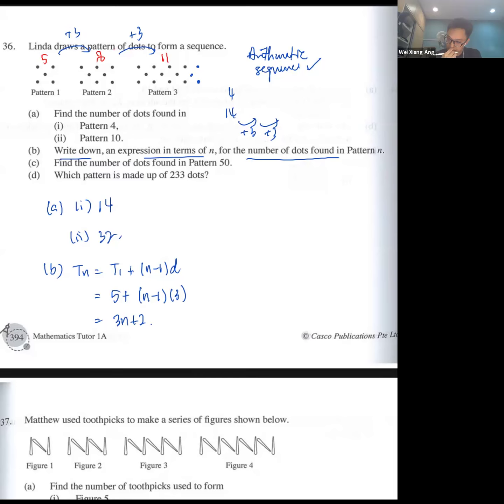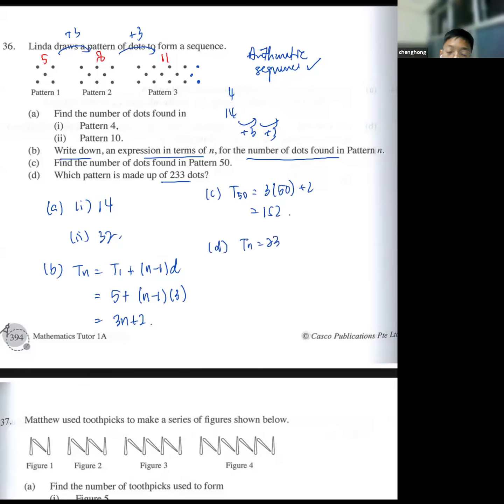Part C, find the number of dots found in pattern 50. So pattern 50 is n equals 50, I just substitute this in. Which pattern is made out of 233 dots? Just reverse. So I let Tn be 233.